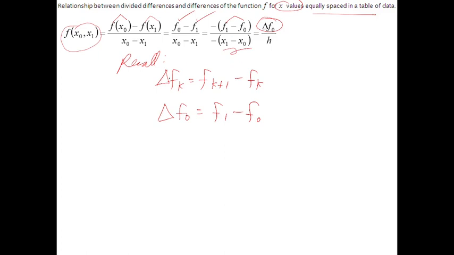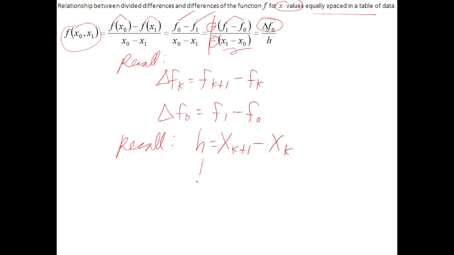Now x1 minus x sub 0 is what? x1 minus x sub 0 is h. So negative over negative is positive, cancel, right? That is simply h. Recall that h is equal to x sub k plus 1 minus x sub k.